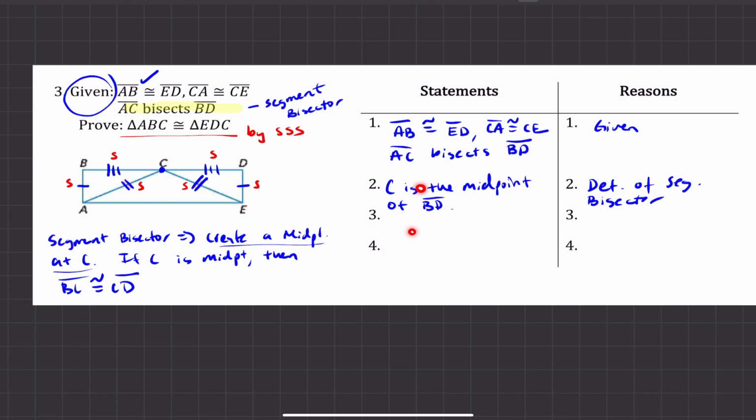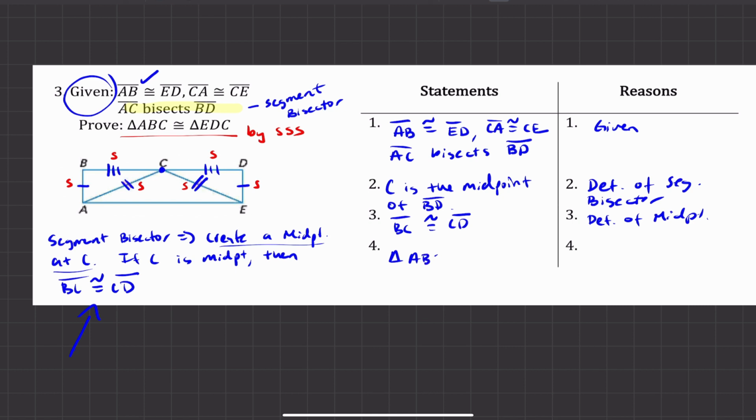And then from here to here, if C is the midpoint, well, the result of that is this. Segment BC is congruent to segment CD, because that's definition of midpoint. So by definition of midpoint, we can say the segment BC is congruent to segment CD. And then lastly, we are going to write the proof.